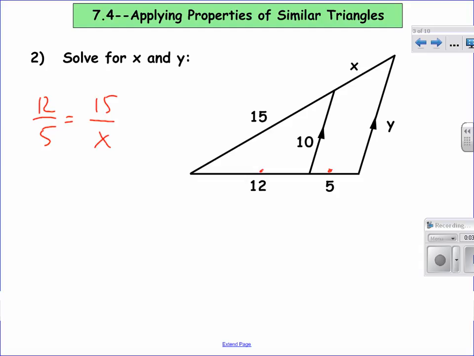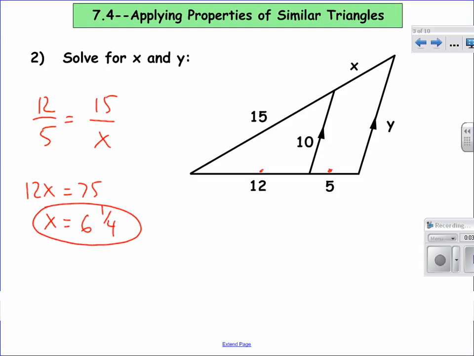And I know that because the lines are parallel. So 12x equals 75, and x equals, let's just call that 6 and 3/12, which is 6 and 1/4 this time.